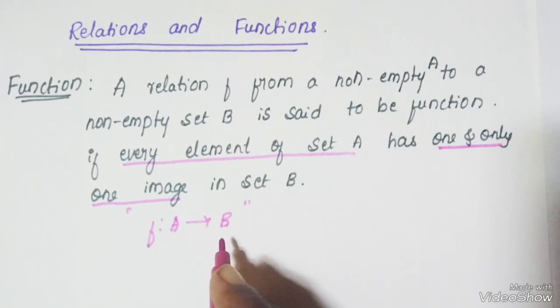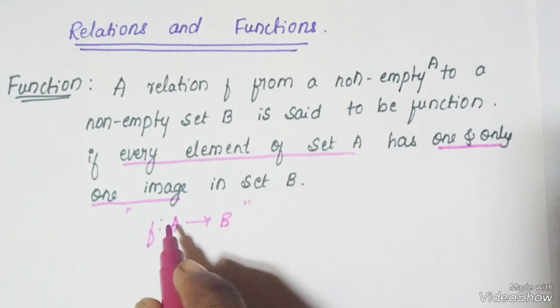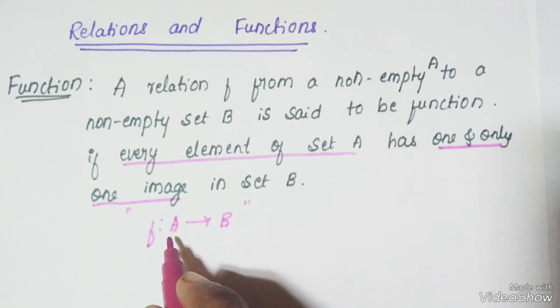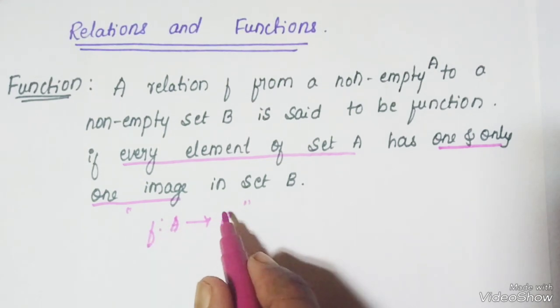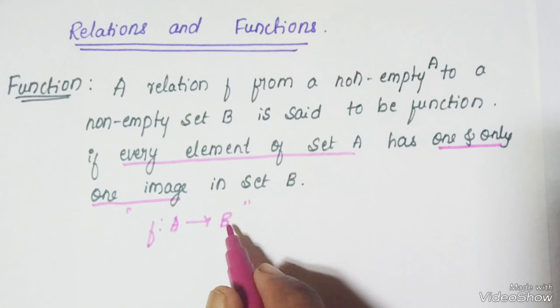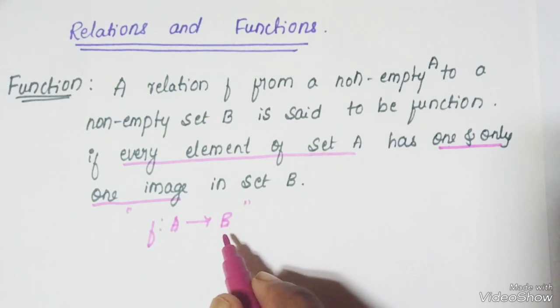Already we discussed this in the relation concept. A means domain. It means all the elements present in A are called the domain, and all the elements which are present in set B are called the codomain.